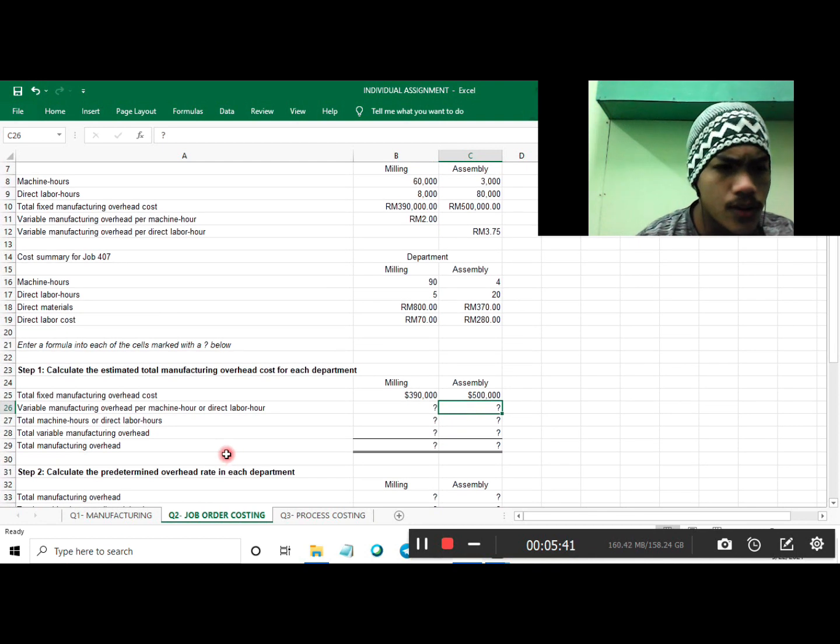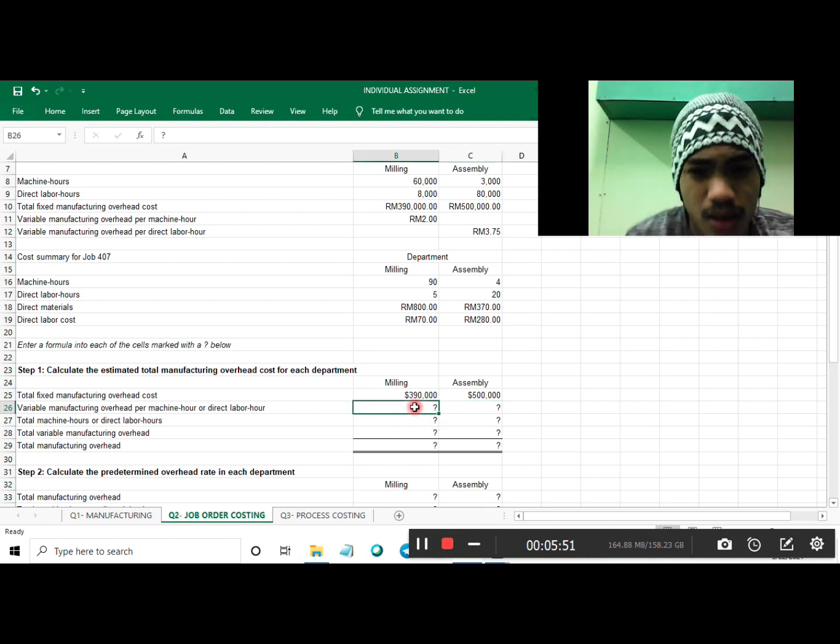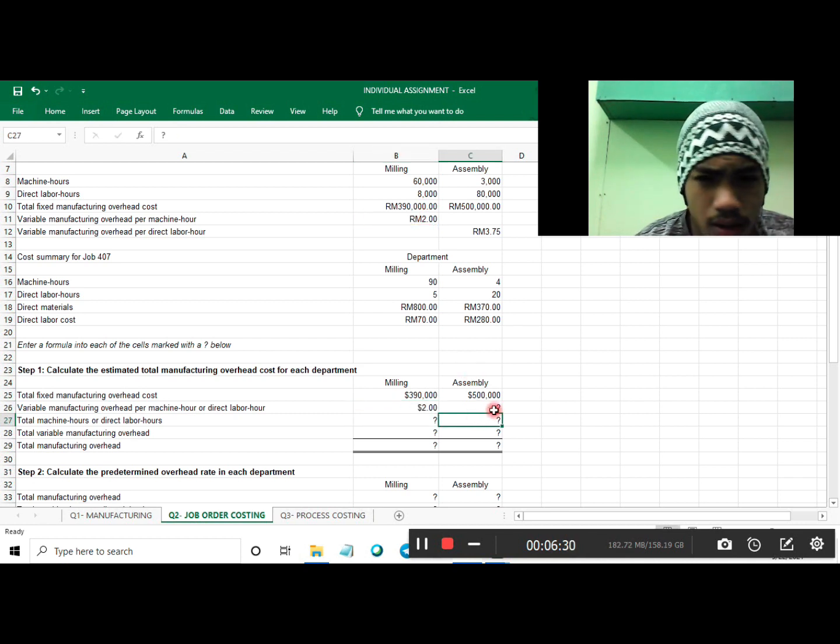And then for variable manufacturing overhead per machine hour and direct labor hour, for milling first it is 2 ringgit, and then for assembly 3 ringgit 75 cent.